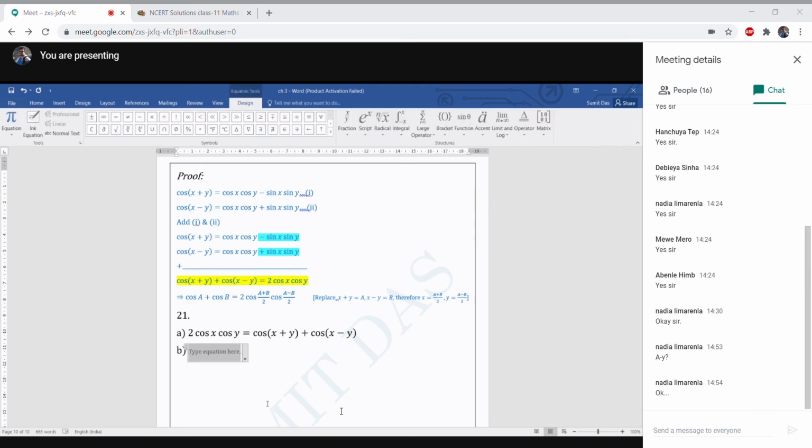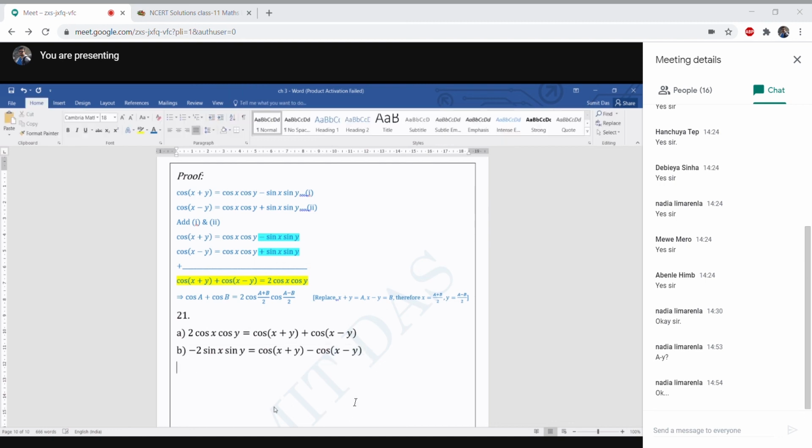Then b, it is like minus 2 sine x sine y is equal to cos(x plus y) minus cos(x minus y).